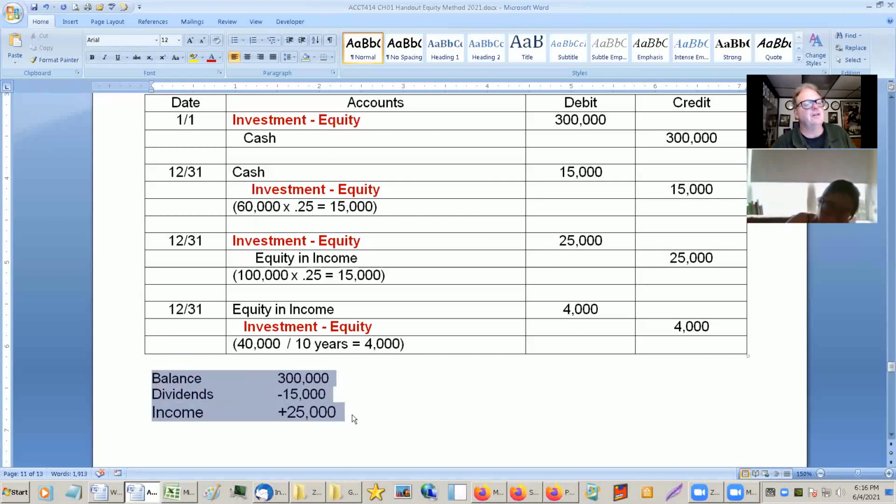Okay, and then we have the amortization.